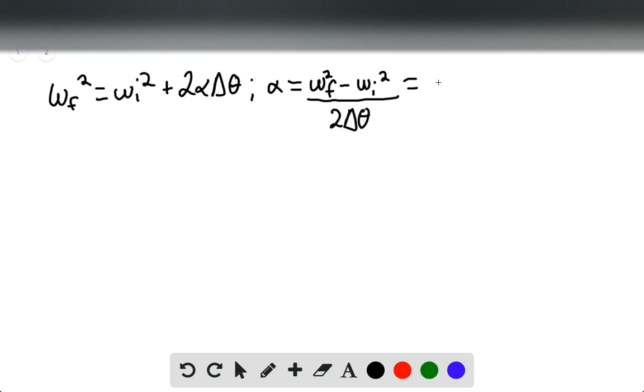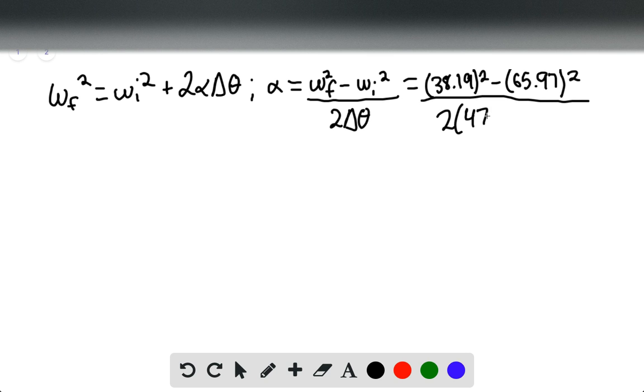And this is going to be 38.19 squared minus 65.97 squared divided by 2 times 471.2385. Alpha equals negative 3.070 radians per second squared. So this will be the angular acceleration.